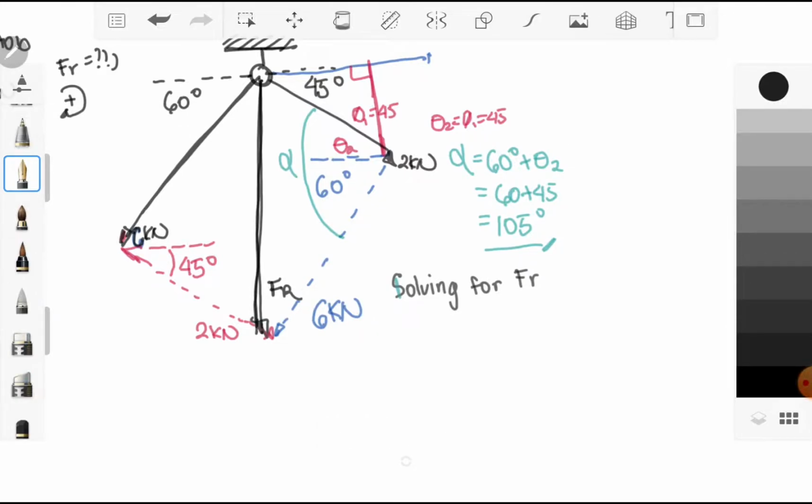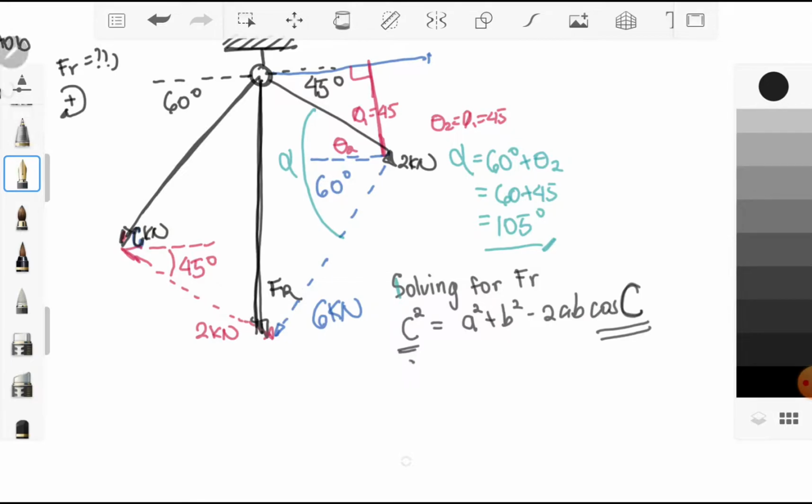What is your cosine law? The cosine law simply states that c squared is equal to a squared plus b squared minus 2ab cosine C, wherein C is the angle opposite to the magnitude c. Notice that our angle alpha is the angle opposite to our FR.